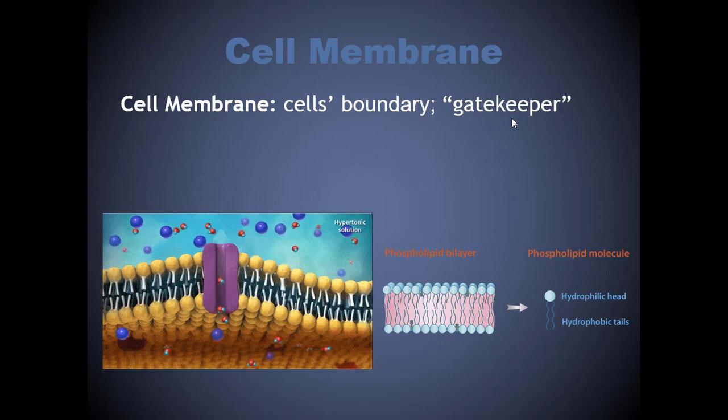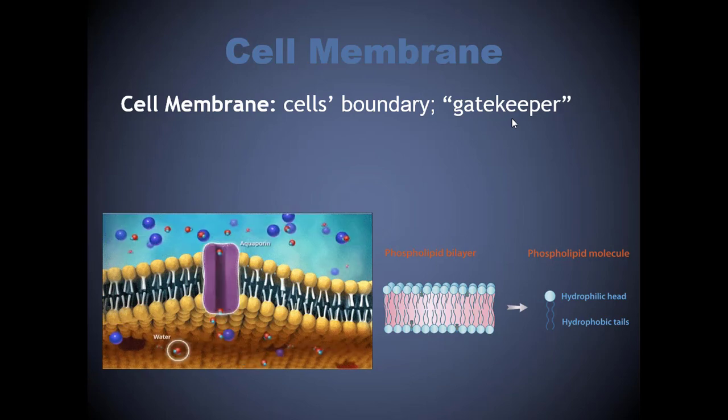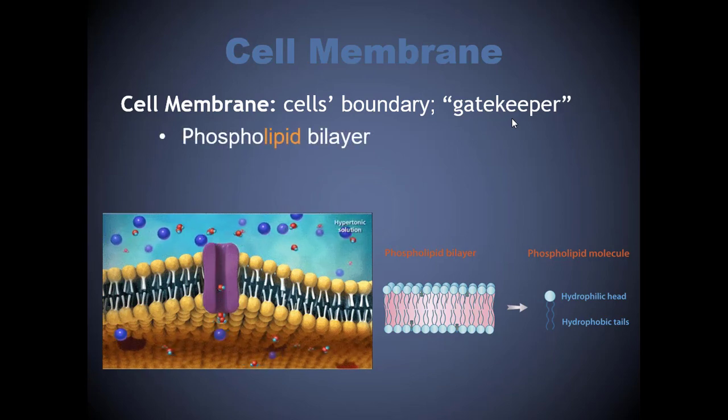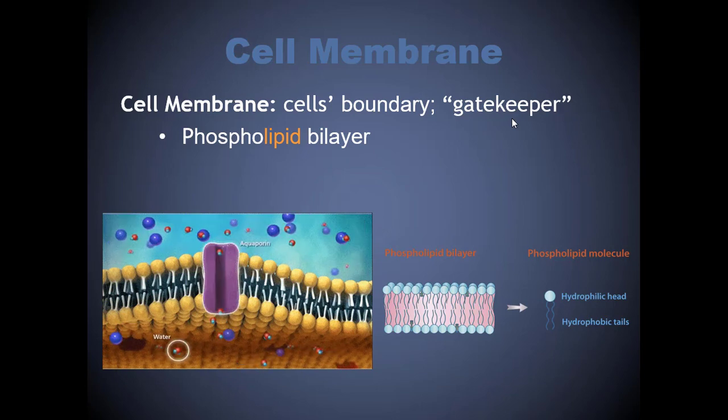So we have the cell membrane made up of two layers. It's a phospholipid bilayer. Bi means two, so two layers. The membrane itself is made up of two layers of phospholipid molecules.